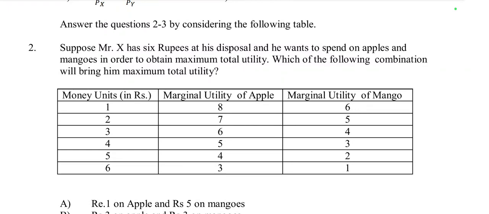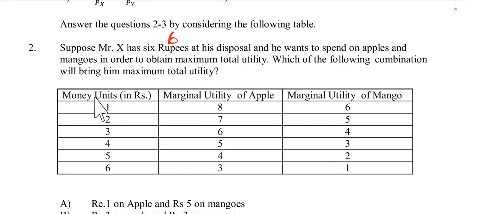He wants to spend on apples and mangoes in order to obtain maximum total utility. Which of the following combinations will bring him maximum total utility? So Mr. X has a total of 6 rupees. He has to spend on both apples and mangoes. So in what combination does he get maximum total utility?